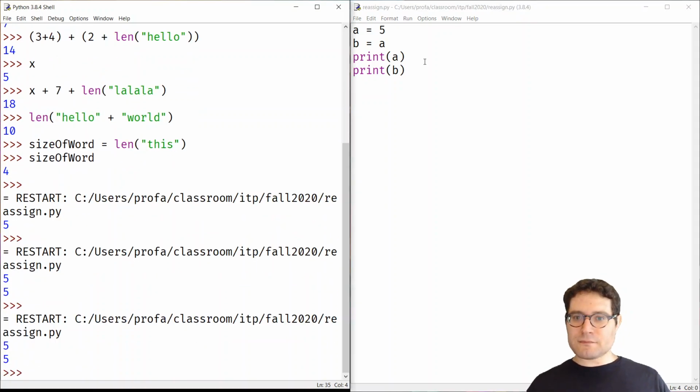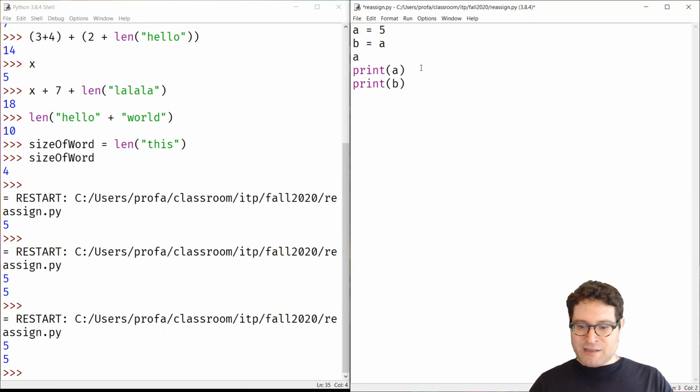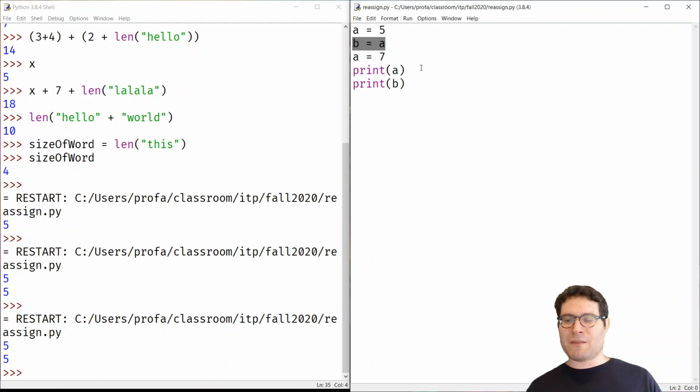Now, here's the kicker. If I say A is equal to 7, in mathematics, if we were thinking of this in terms of mathematics, you might go, okay, well, B and A are both equal to 7.